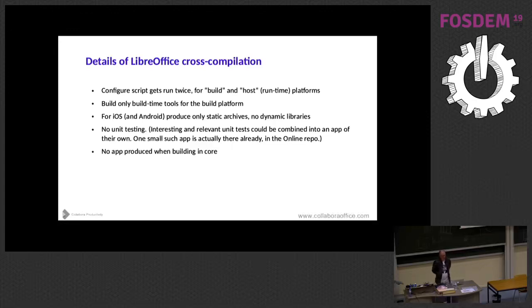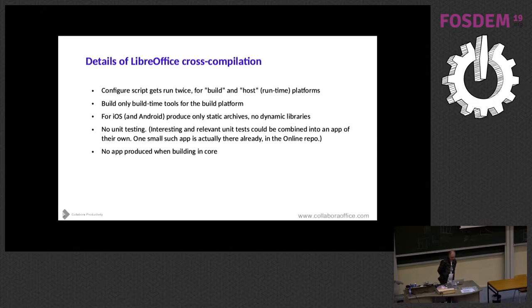And when cross-compiling, we don't do any unit testing, which of course is a bit sad, but it isn't really possible to do it. Instead, what could be done is to make an app that includes source code from unit tests, and when you run that app, it performs the unit testing.